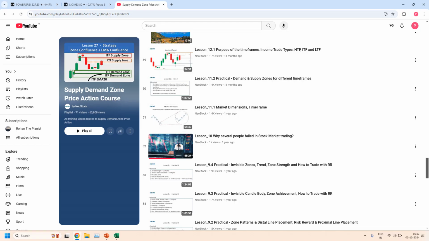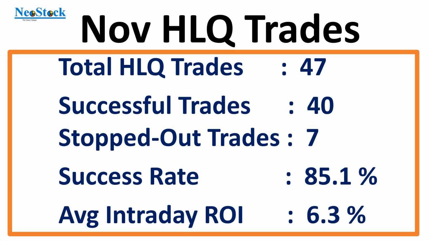Okay, now let's get into the analysis discussion. First, let's start with the statistics. November HLQ zone trades. During the month of November, our NeoStock software identified several HLQ zones. In that, 47 zones gave you the trades.